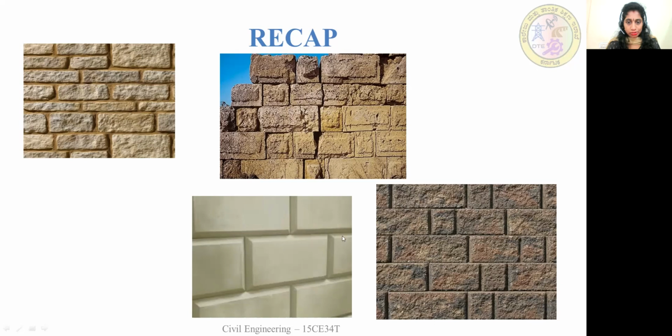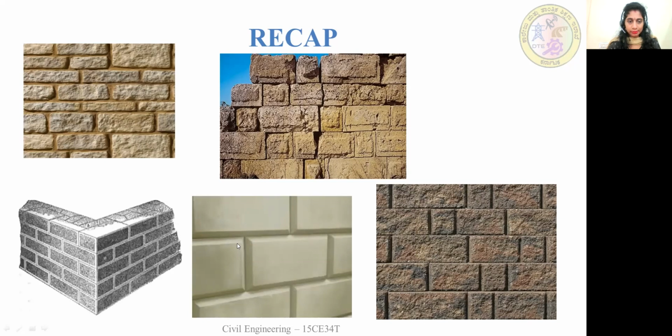Observe the edges of each stone; they have given inclination to the borders. The edges of the stones are beveled at an angle of 45 degrees. That is ashlar chamfered masonry. Next one, ashlar block in course masonry.